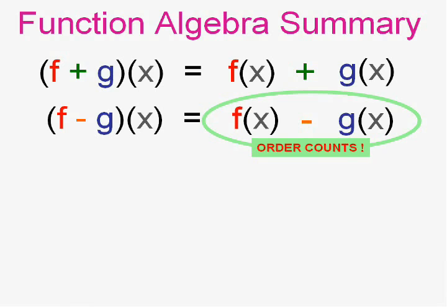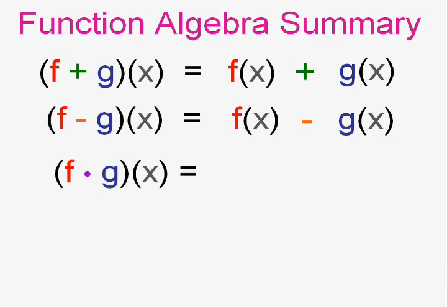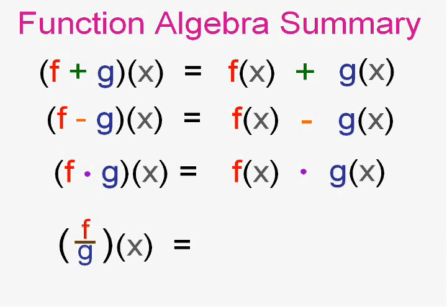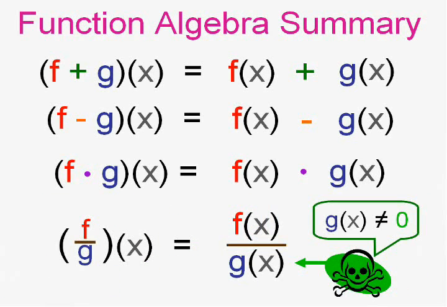And order counts, okay? f times g of x is simply f of x times g of x. And f divided by g of x, or f over g of x, is simply f of x over g of x.